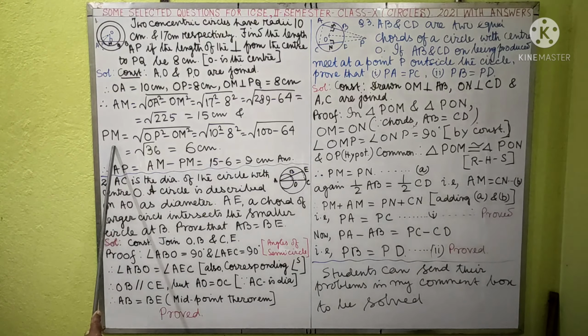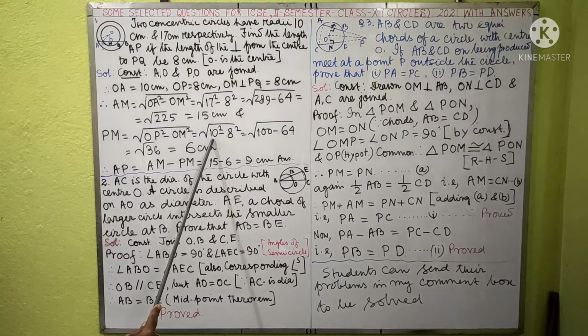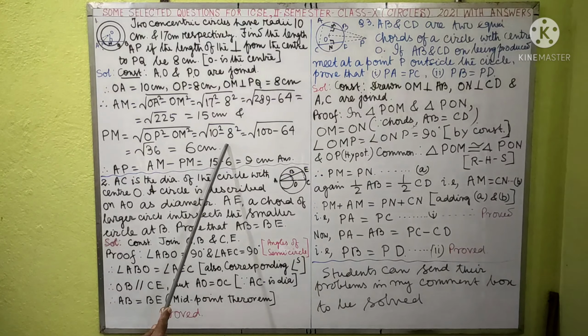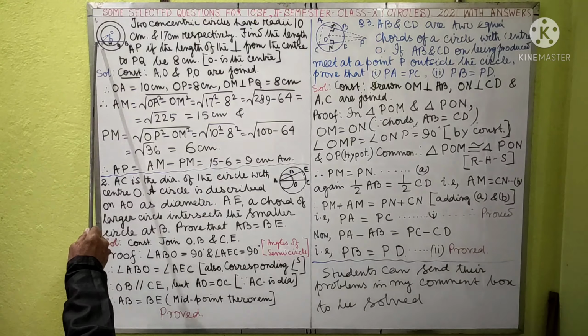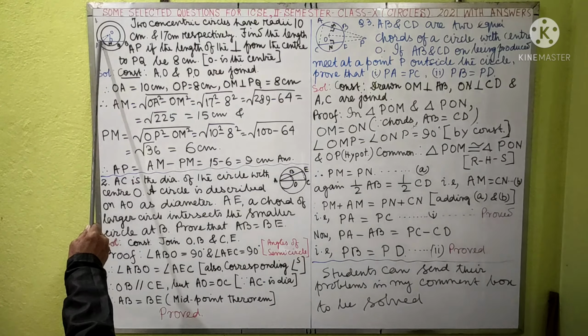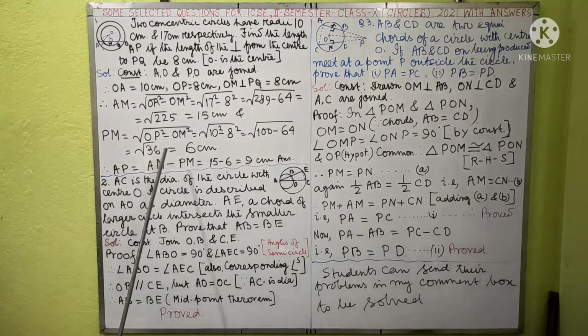Similarly, PM equals OP square minus OM square, OP equals 10 centimeter and OM equals 8 centimeter, and the result is 6 centimeter. Therefore AP equals AM minus PM, which equals 9 centimeter. This is the answer.